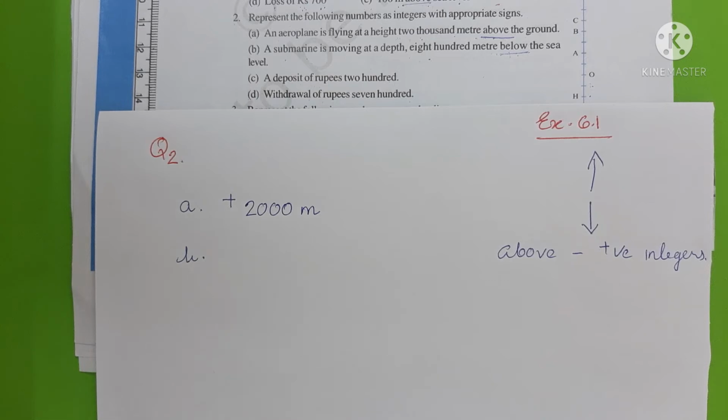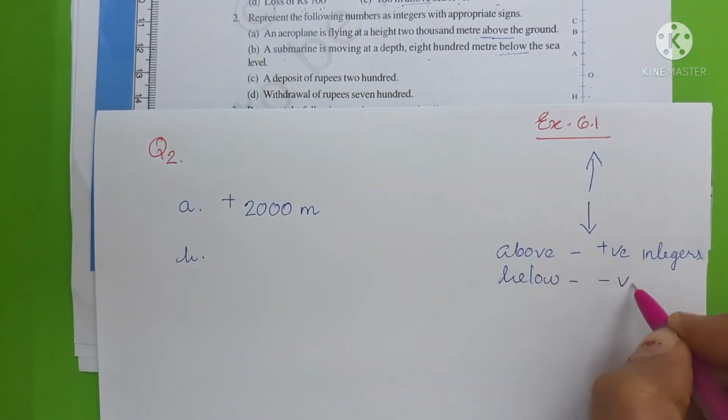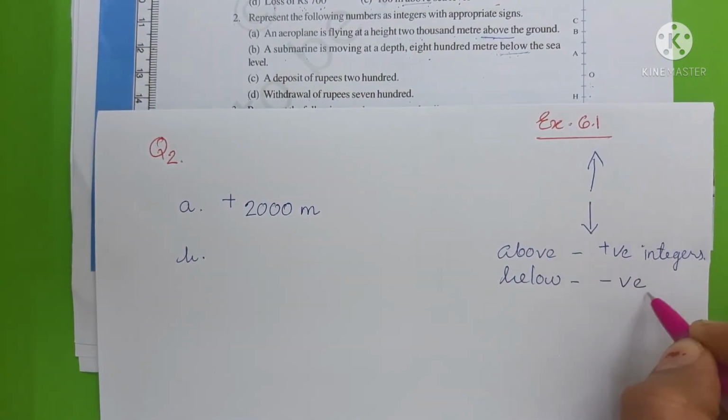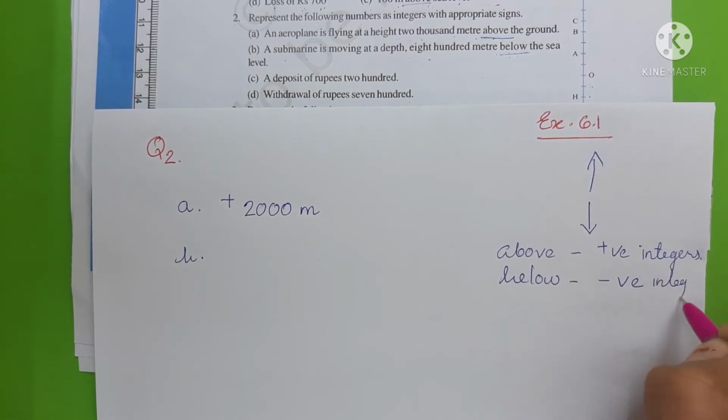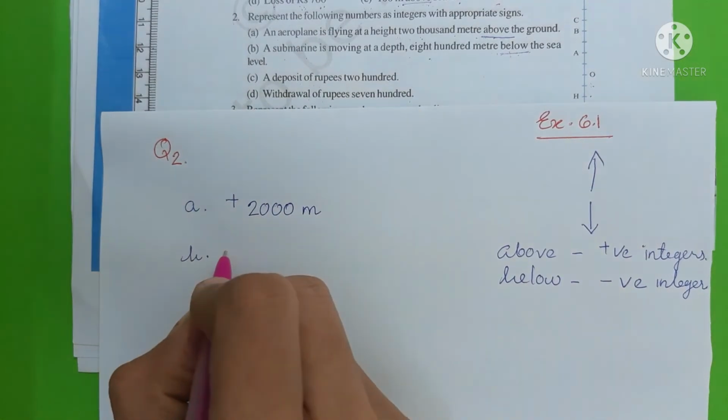The submarine is moving always below the ground level. So it indicates the negative integer. So below indicates a negative integer. Okay. So the answer is a negative integer.